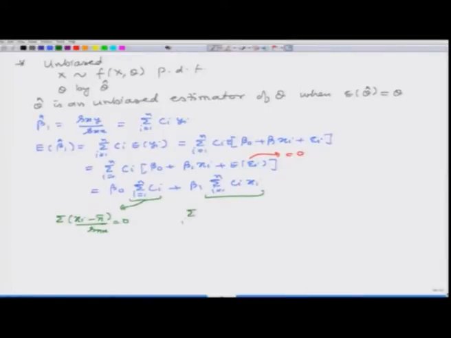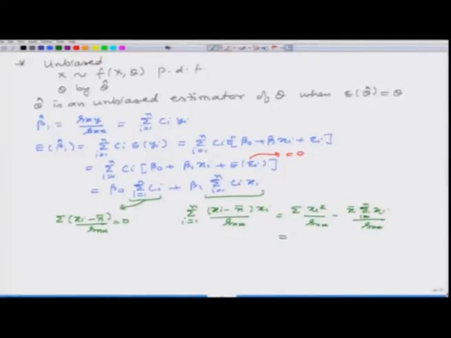Let us now obtain the value of summation Ci xi. This can be written as summation i from 1 to n of (xi minus x bar) upon Sxx times xi. So, this can be written as summation xi square over Sxx minus summation xi over Sxx times x bar, where summation xi is nothing but n times x bar.